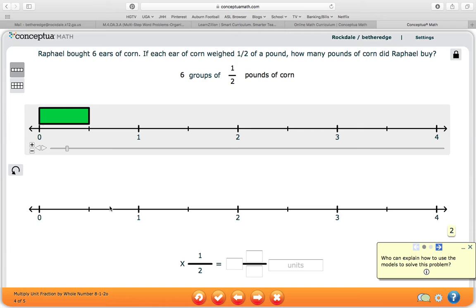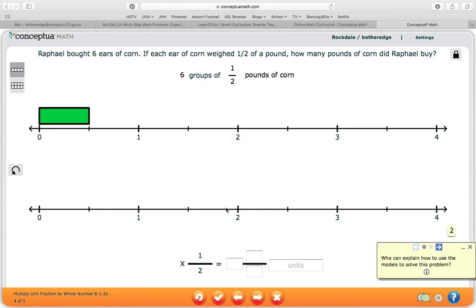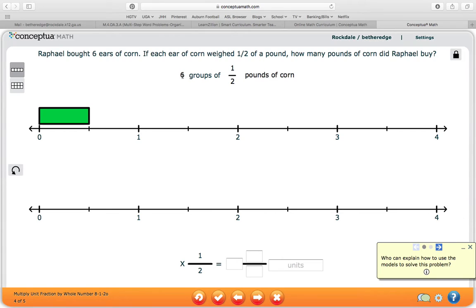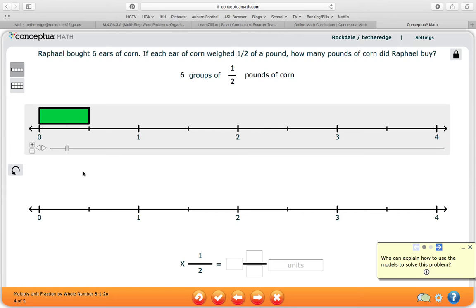The second number line is where I'm going to show my groups of. How many groups of half? Go back up here. 6 groups of half. So I'm going to grab this bar and drag it. Okay, it's not working here on mine, and it should work on yours.